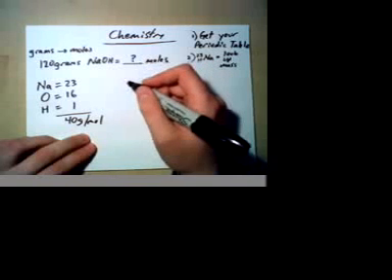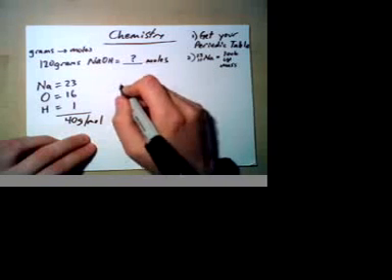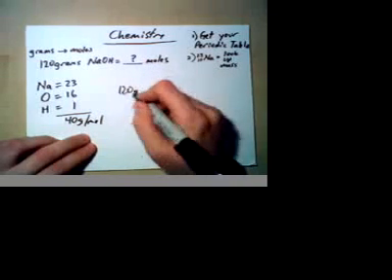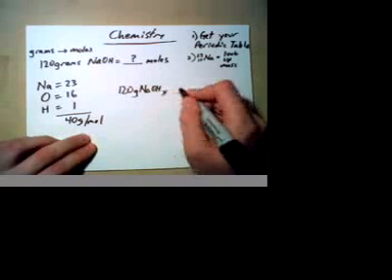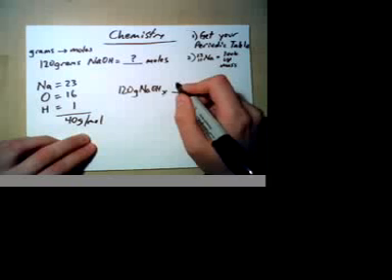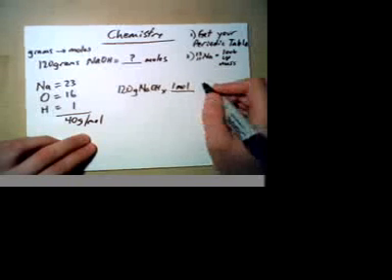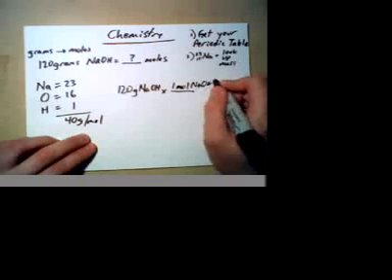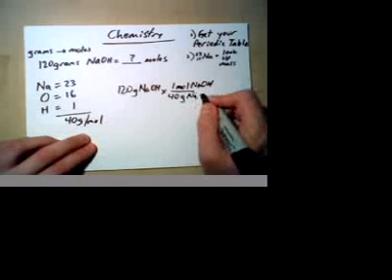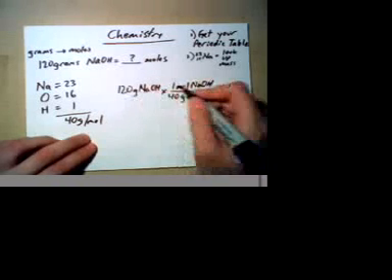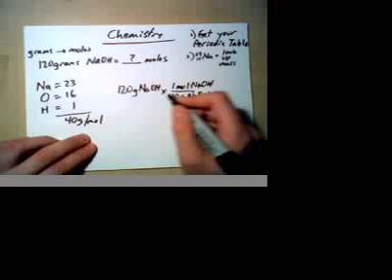So now what we can do is take our problem, which was 120 grams sodium hydroxide, and we now know that for every 1 mole of sodium hydroxide, we have 40 grams. And then what we need to do is a little bit of math after that. That's the basic setup.